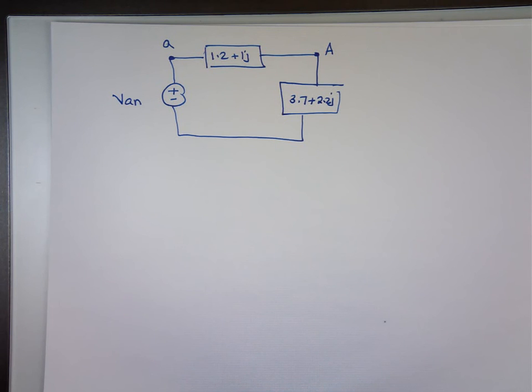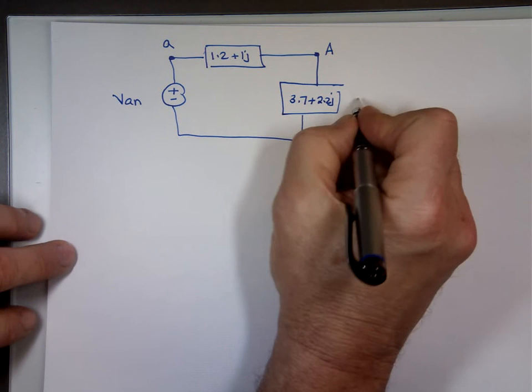You want to change it to phasor? It's probably somewhere around 4.3, and that's almost a half. The angle is going to be close to 30 degrees. You are exactly right. What is it? It's 4.3 angle 30.7.